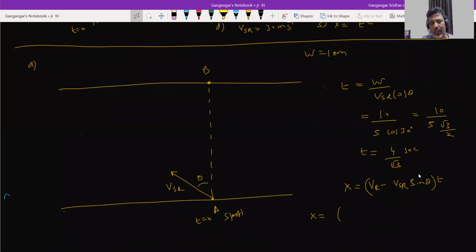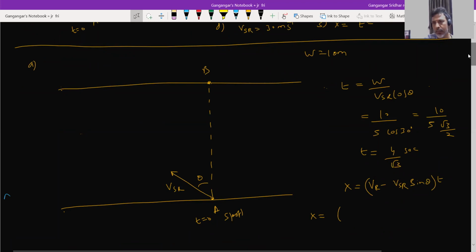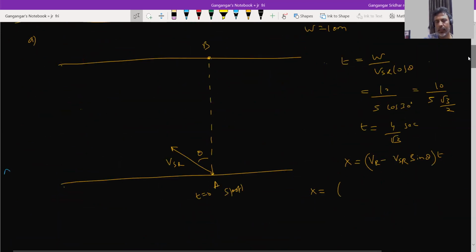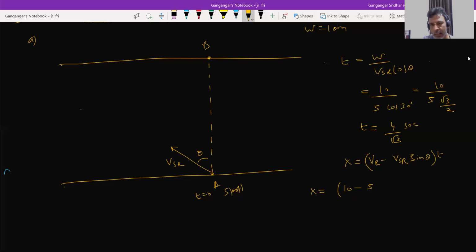So x equals velocity of river 10, VSR is 5, sine 30 is 1 by 2, multiplied by the time taken, 4 by root 3. So this will be x equal to 10 minus 5 by 2, times 4 by root 3.